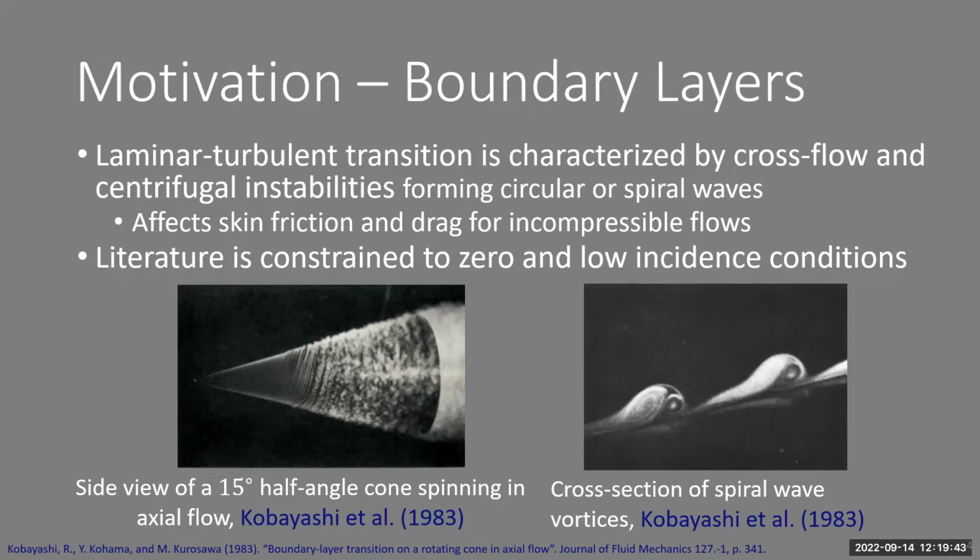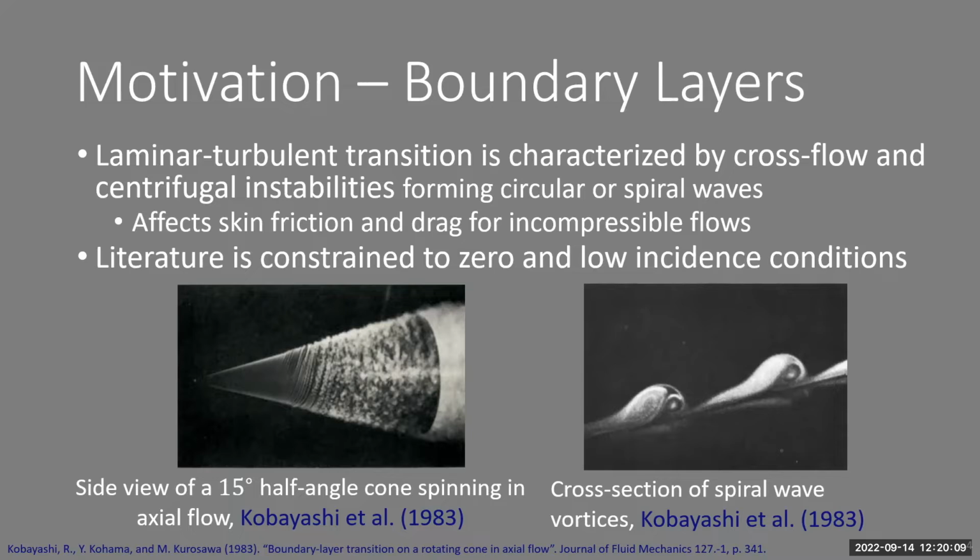The laminar to turbulent transition is marked by spiral wave instabilities, which are centrifugal and cross-flow instabilities within the boundary layer. Here are some early flow visualizations of the boundary layer regions done by Kobayashi in 1983. What he did was he coated the surfaces with a tetrachloride spread. When this chemical makes contact with the free stream, it creates a very dense opaque smoke to help us visualize the boundary layers.